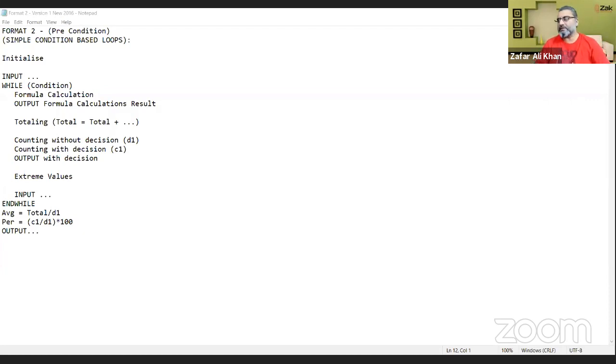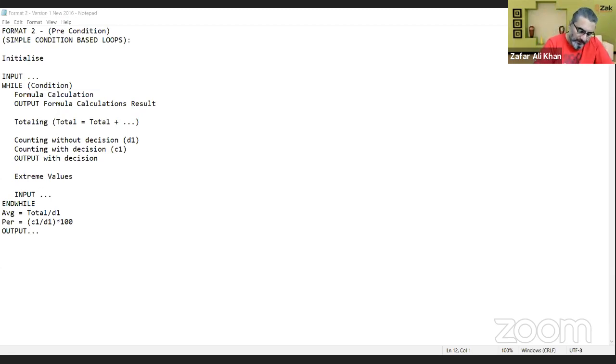There was a question the day before yesterday: which loop works at least once? That is repeat until, because it performs the whole task and then checks it. So in a while loop, there are chances that the loop will not work at all if the condition fails right at the start with the first input.